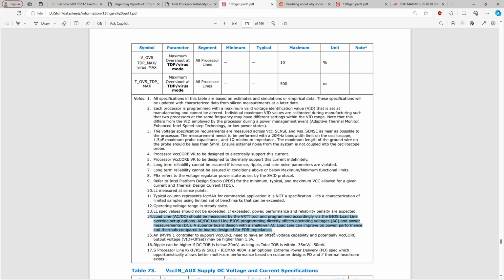It's like, yes, we will tell the motherboard manufacturers that they can mess with the operating voltage of the CPU. But they're supposed to do it according to the guidelines of this voltage regulator test tool. But how accurate is that test tool to real world CPUs? How similar is it to real world CPUs?